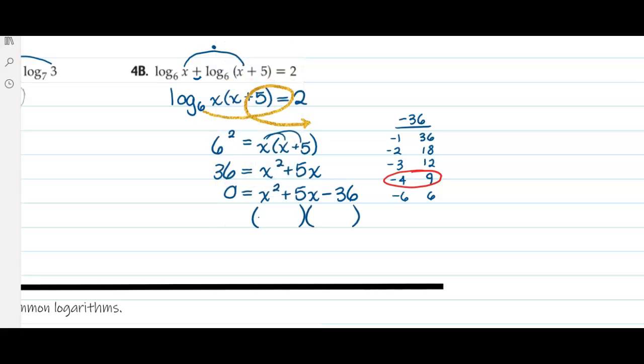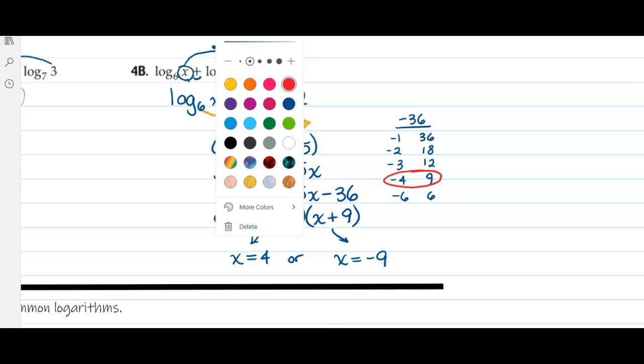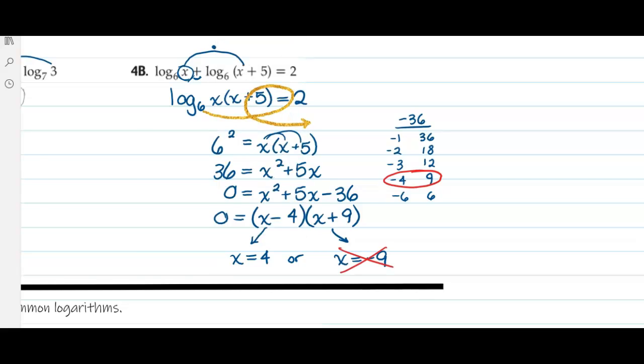So solving by factoring, x minus 4 times x plus 9 gives me this trinomial, and solving each piece, x equals 4 or x equals negative 9. Again, putting a negative 9 right here in our expression is not going to work. I can't have the log base 6 of negative 9. So I'm going to eliminate that answer choice. And I'm going to look strictly at this one to check it.